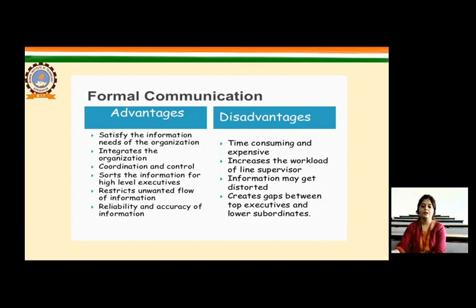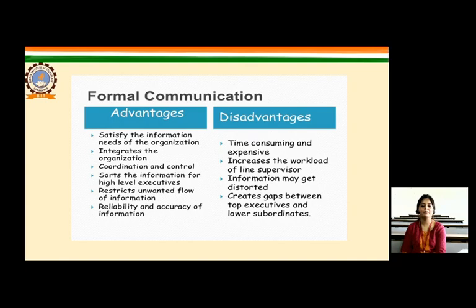And that is why you can anytime filter, like if the top management does not want the lower level employees to know the terms and conditions of a particular deal, then they can restrict who can have access to that particular set of information.